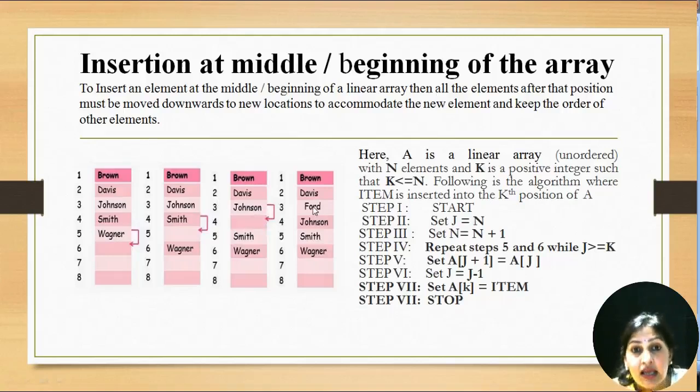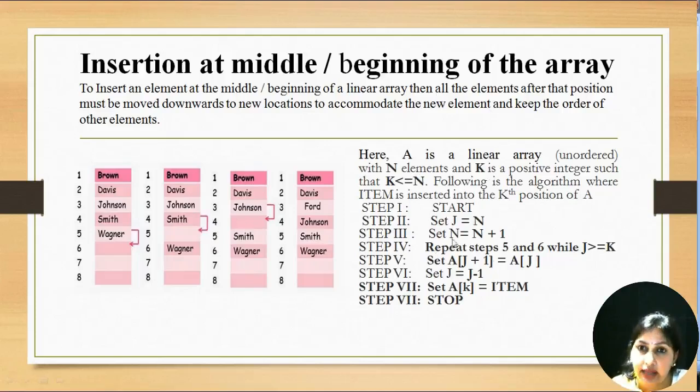That means if we want to insert a value at location k, then we have to move all the values from location k to location n one index forward.